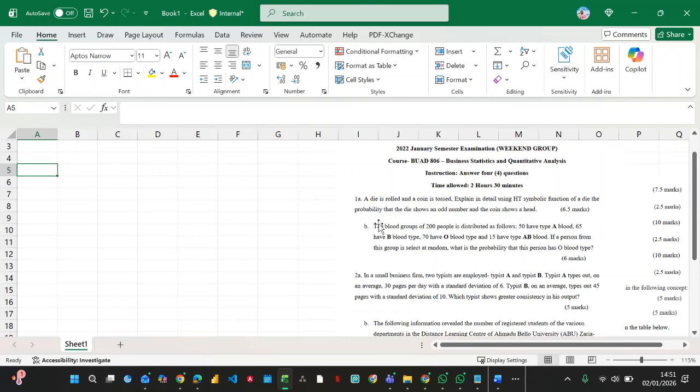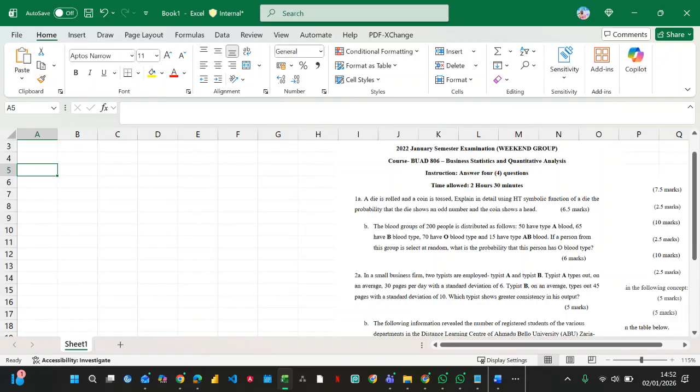So the first thing the question says is: explain in detail using the HT symbolic function of a die the probability that the die shows an odd number and then the coin shows a head. It's very simple.